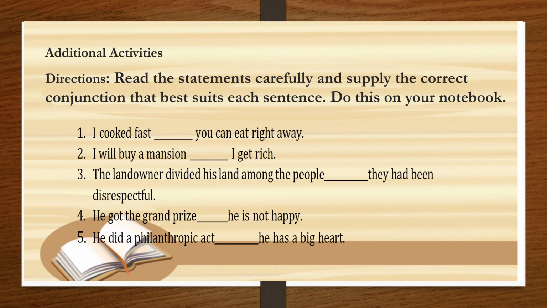Number 3, the landowner divided his land among the people blank they had been disrespectful. Number 4, he got the grand prize blank he is not happy. And number 5, he did a philanthropic act blank he has a big heart.